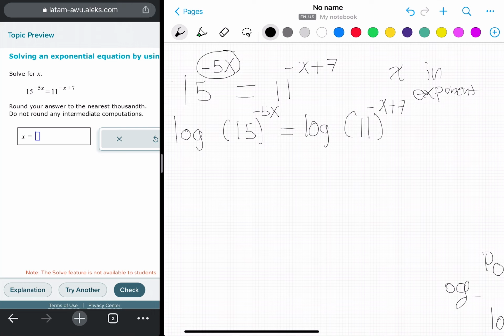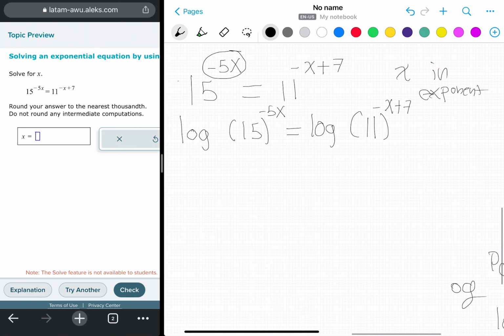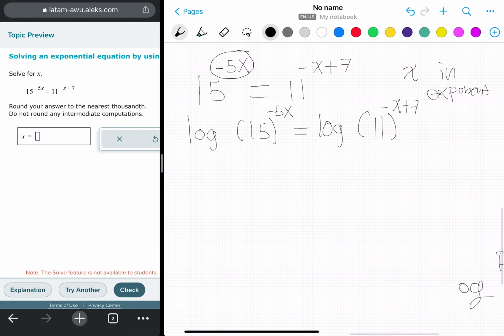Alright, now that I have this in log form, I need to apply this power rule. So I will take my exponent and write it here: minus 5x multiplying the logarithm of 15.